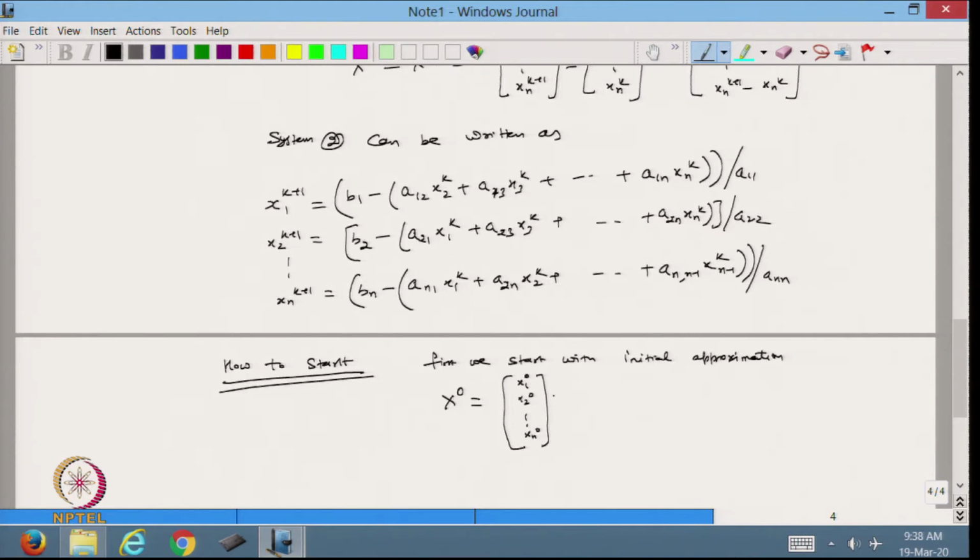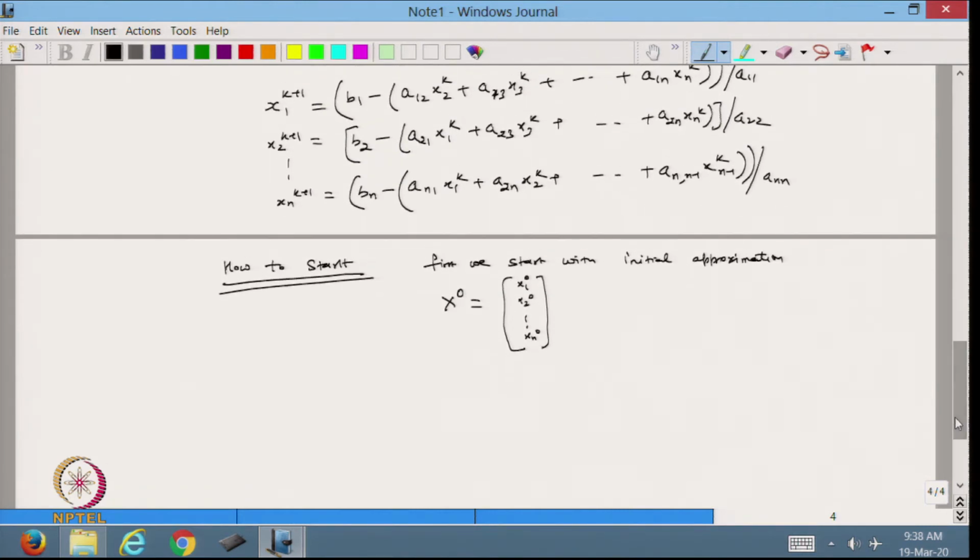This value I have to choose, and I can start with any number. Suppose I take x naught equal to 0 0 0, all 0, or I can take x0 equal to 1 1 1, all 1. Any number I can start with.